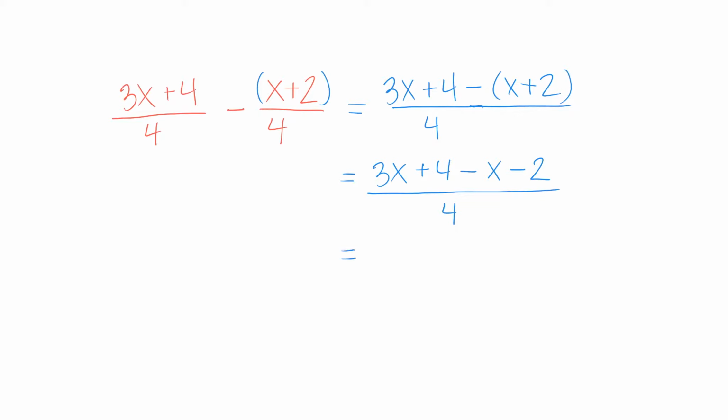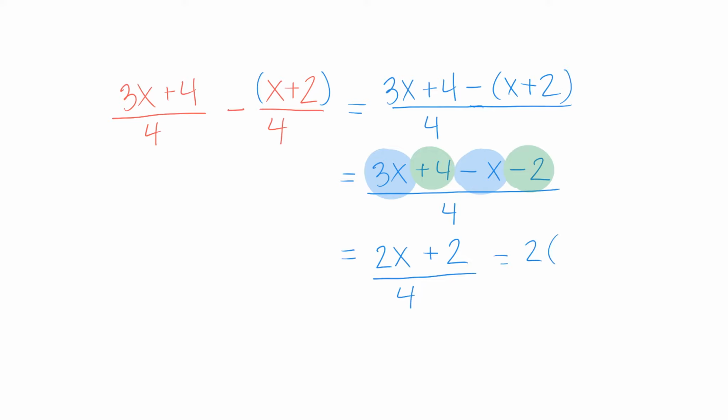So collect like terms. Where's my like terms? Let's see. I've got a 3x and a negative x, and I've got a 4 minus 2. So that's going to give me 3x minus x is 2x, and 4 minus 2 is 2 over 4. Now look carefully in that final step, 2, 2, and 4, lots of even numbers. I can factor out a 2 in my numerator.